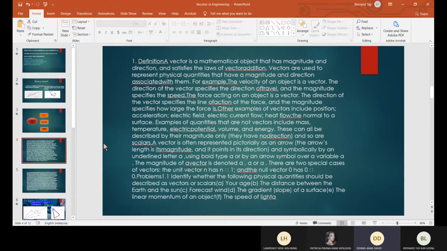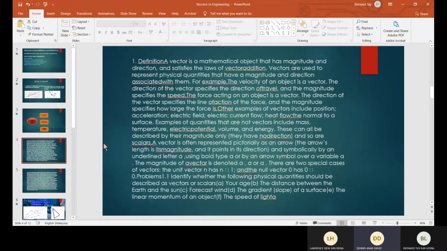A vector is a mathematical object that has magnitude and direction and satisfies the laws of vector addition. Vectors are used to represent physical quantities that have a magnitude and direction associated with them. For example, the velocity of an object is a vector. The direction of the vector specifies the direction of travel, and the magnitude specifies the speed.